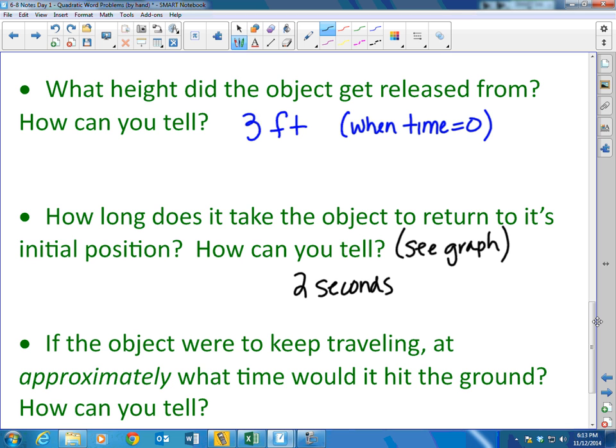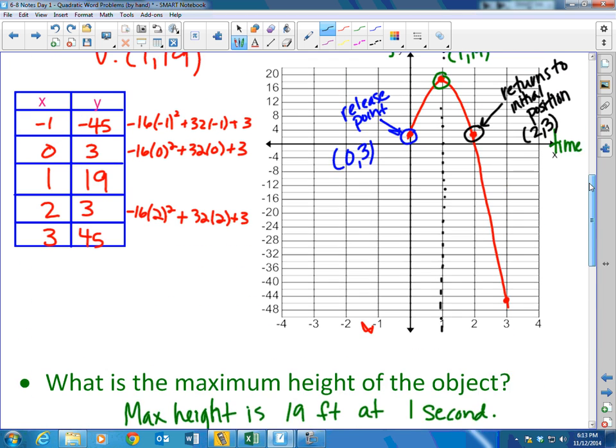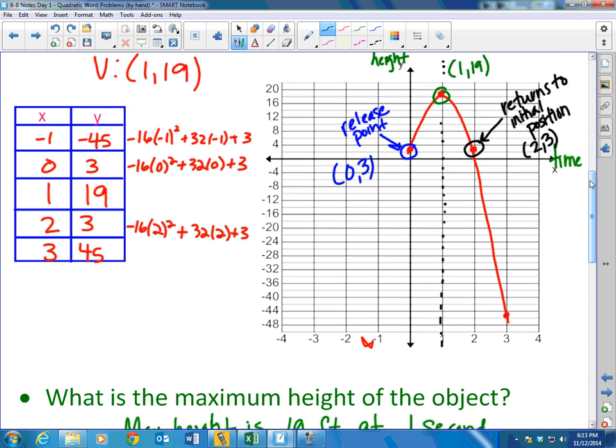Okay, if the object were to keep traveling at approximately, and we're going to estimate this, what time would it hit the ground? Okay, here's where it will hit the ground. It will hit the ground right here. Okay, that's when it's going to hit the ground.